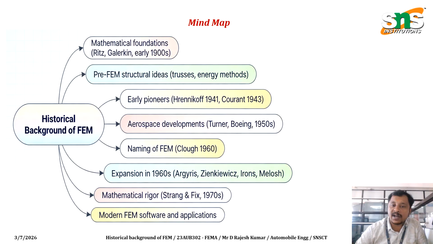Then Hrennikoff and Courant in the 1940s, aerospace development around the 1950s, and Clough naming the finite element method in the 1960s. Later in the 1960s the expansion happened, in the 1970s the mathematical approximations were used, and nowadays we use modern software for solving structural or any analysis that is required for engineering problems.